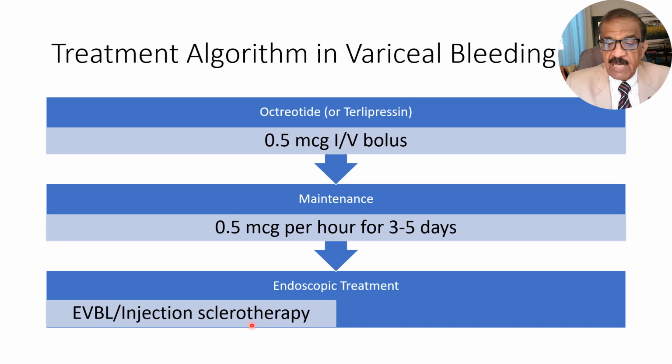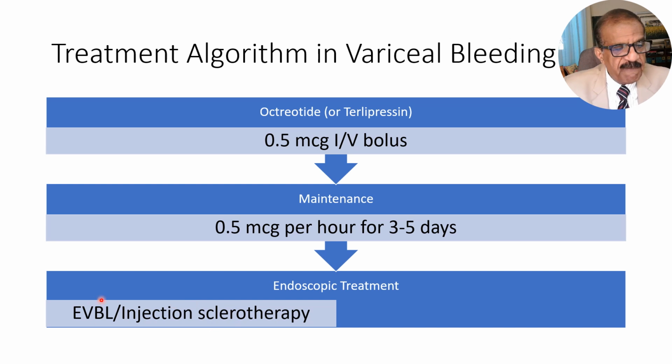This was relatively a painful experience for the patient, and nowadays, since endoscopic variceal band ligation is possible, this is definitely better because it is less painful for the patient and a more definitive way of stopping bleeding.